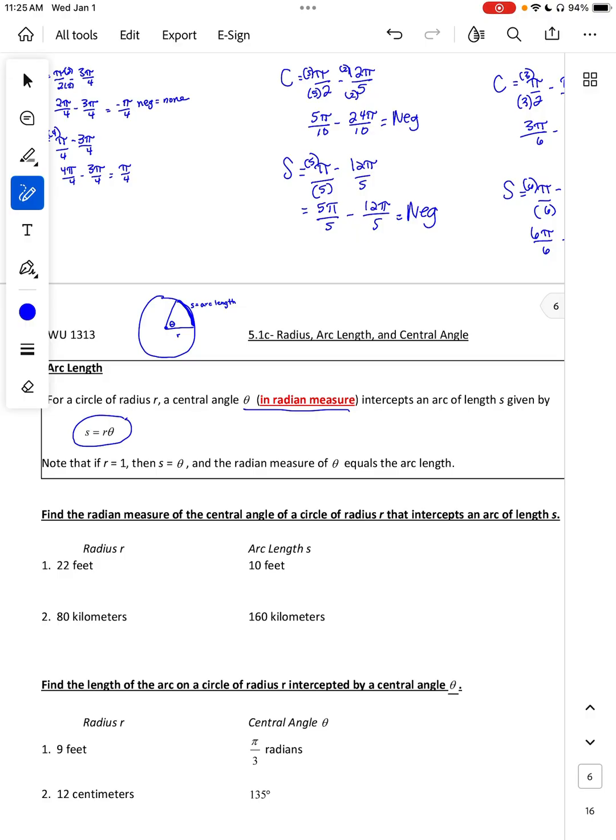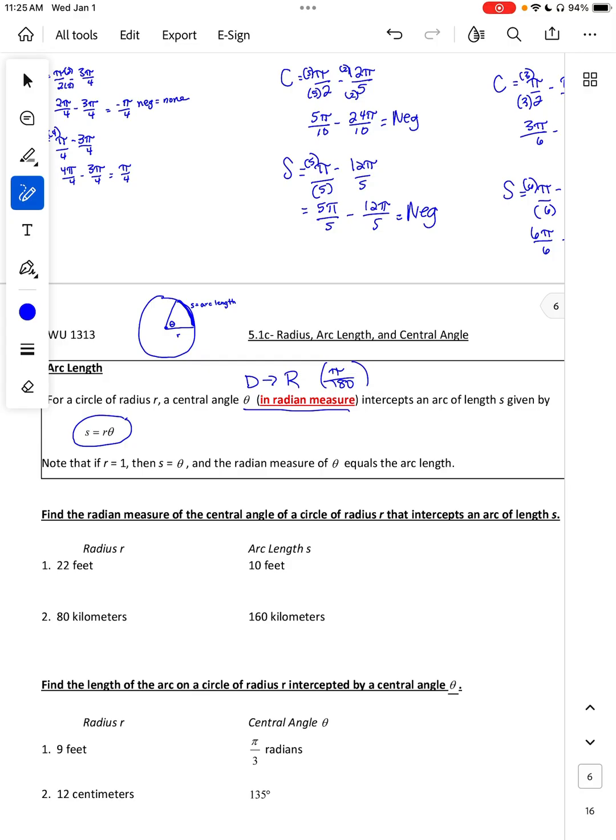Note that if r equals 1, then s equals theta, and the radian measure of theta equals the arc length. Okay, so one thing we need to remember is in order to convert, if we have it in degrees and we want it in radians, make sure you multiply by pi over 180 if we need to. So that was in the last lesson.